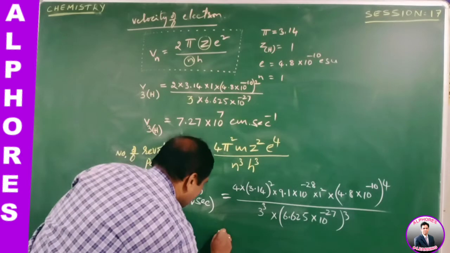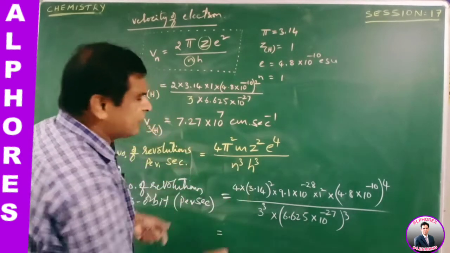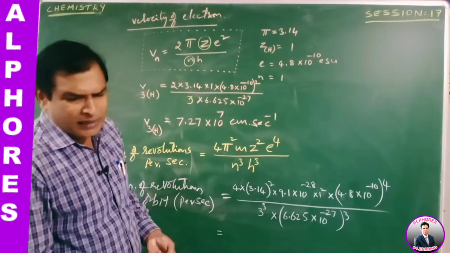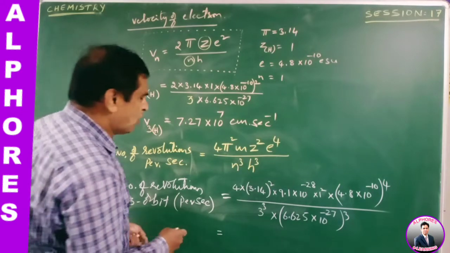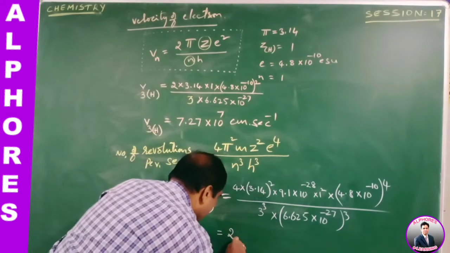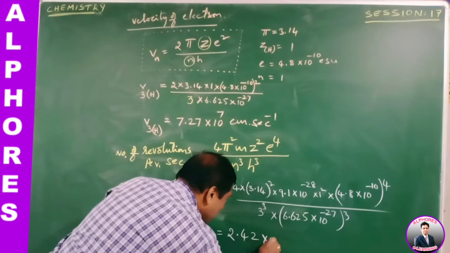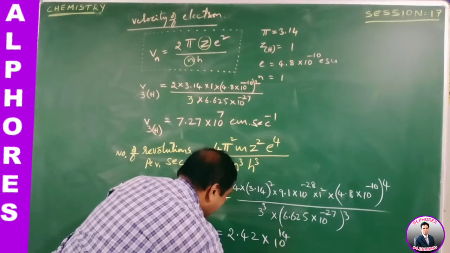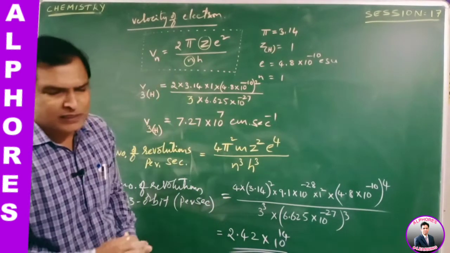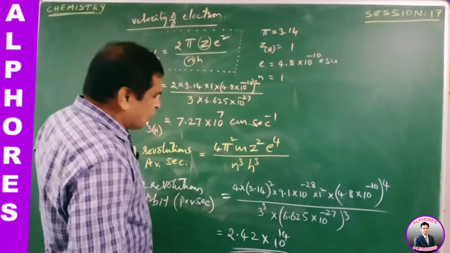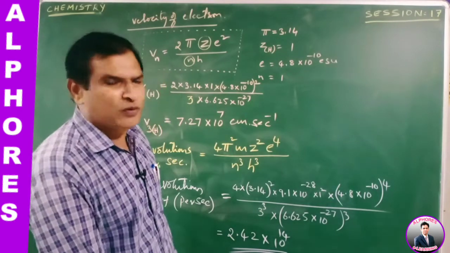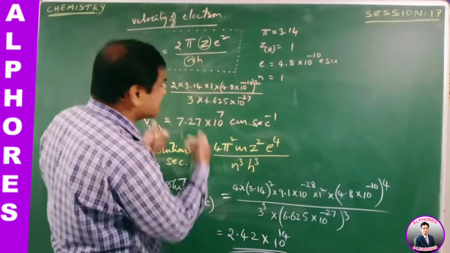So on solving this, we can calculate the number of revolutions made by the electron, which equals 2.42 into 10 to the power 14 revolutions per second.